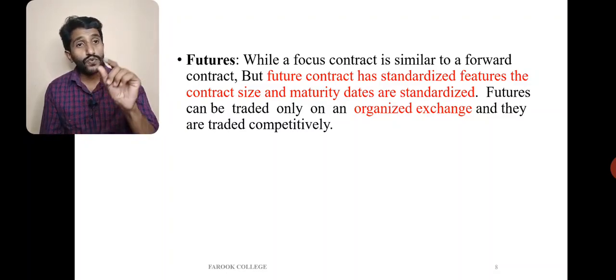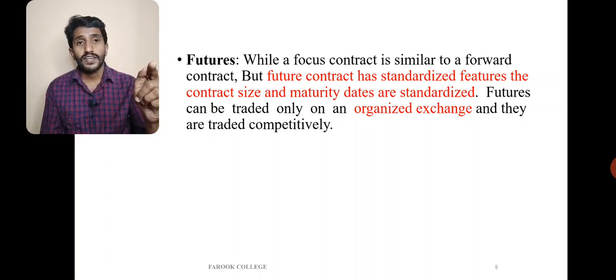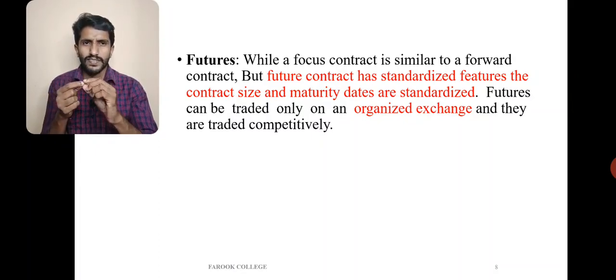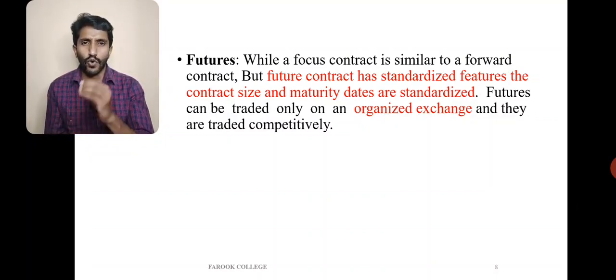contract, but the futures contract has standardized features. The contract size and maturity days are standardized. So there will be some kind of standardized format here: a standardized contract size, and the maturity date will also be fixed accurately.